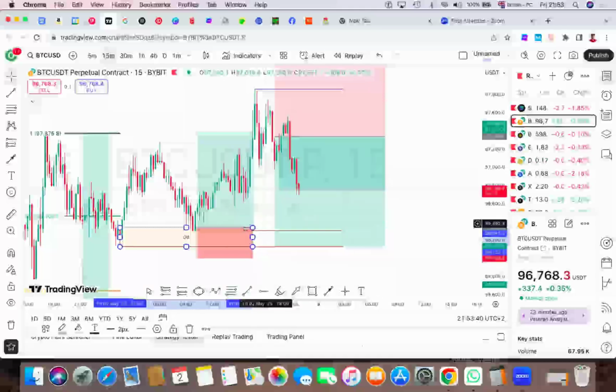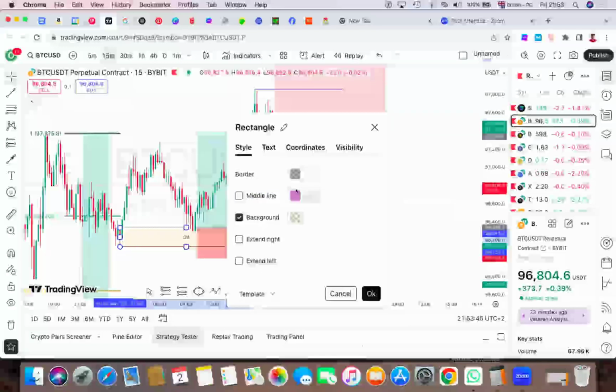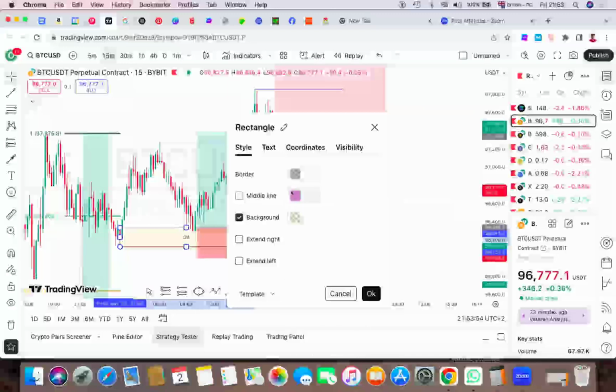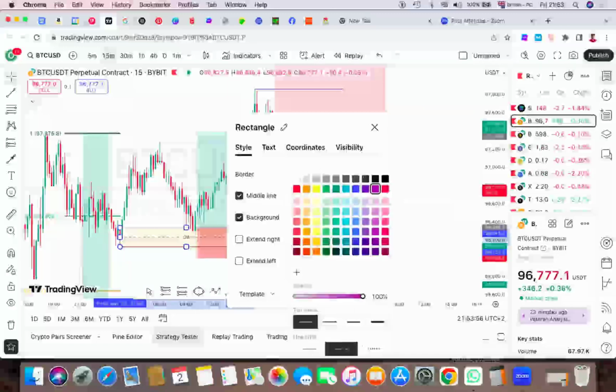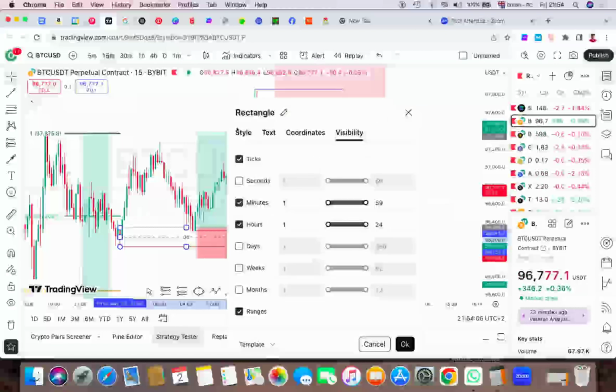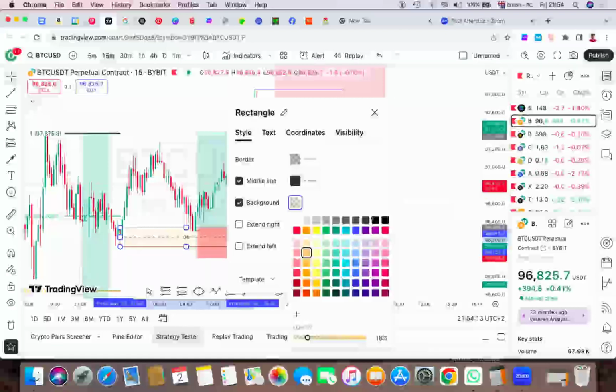So let me change the style so you can see. If I change the background, the borderline is this, and then the middle, and I'll put it as black. Well, I don't need this middle visibility. Okay, background, and nice.